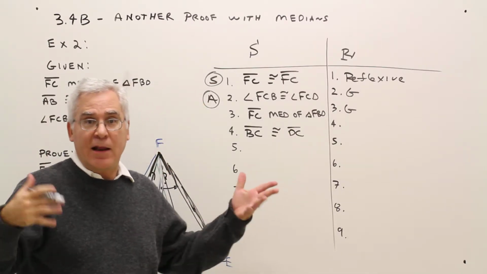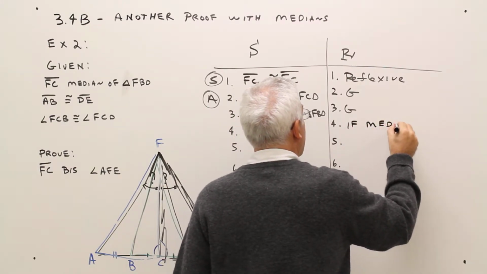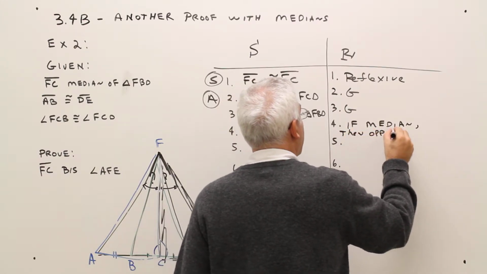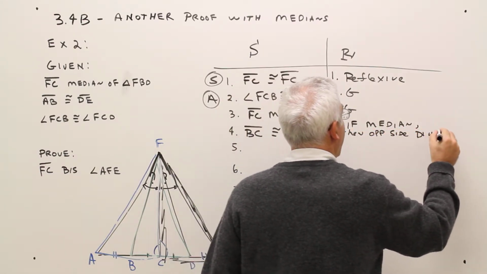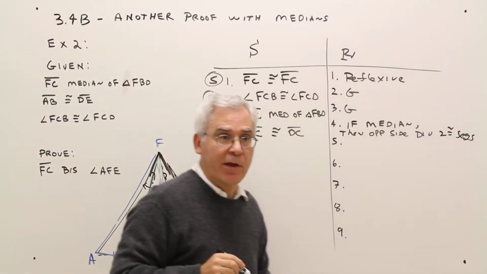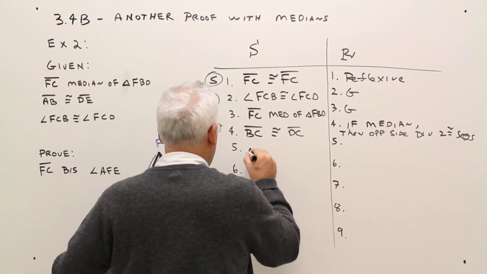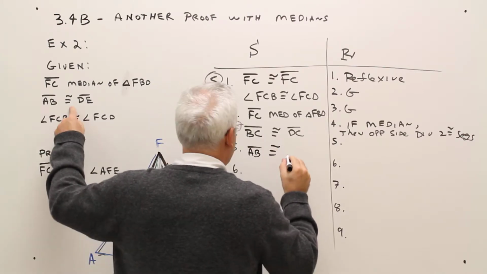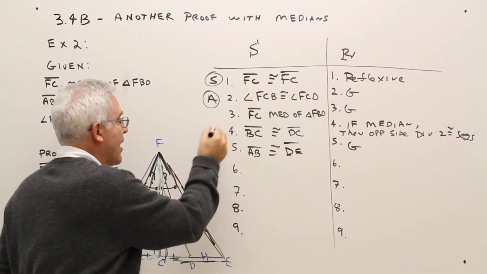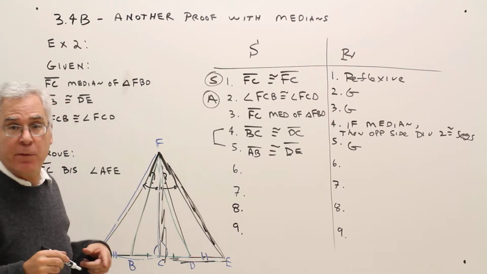So if median, then opposite side divided into two congruent segments. Hopefully that'll be on. Okay, then I'll use the given. AB was congruent to DE. That was given. And now I will combine those two steps and get the segments that I need for SAS.